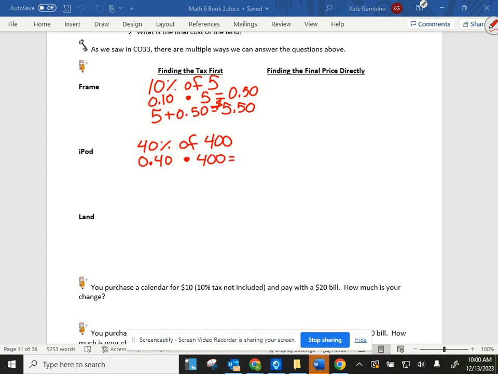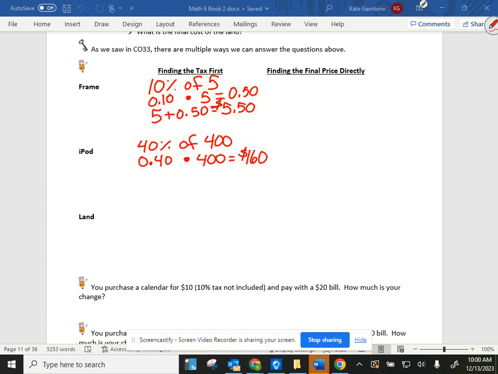And what does that become? Do you have your calculator? 0.4 times 400. Who's got a calculator up? Liam? 160. So our tax on that $400 iPod is $160 in tax.